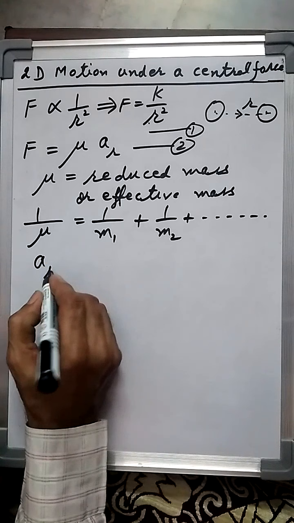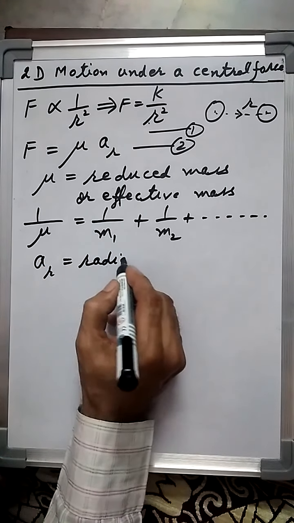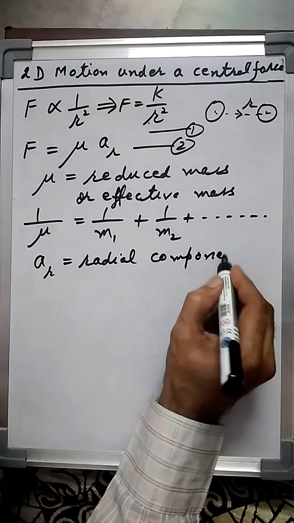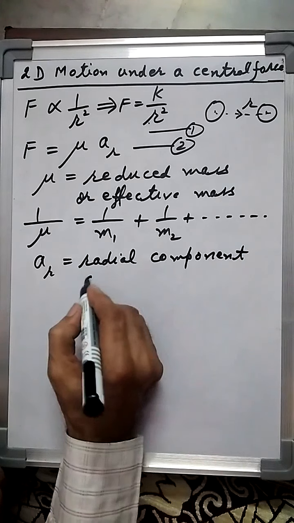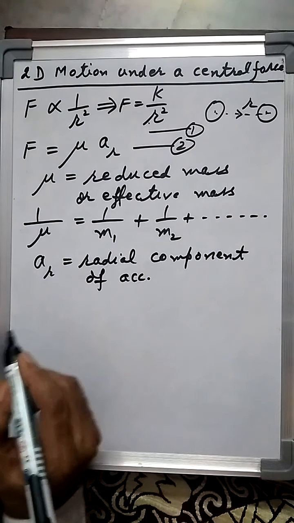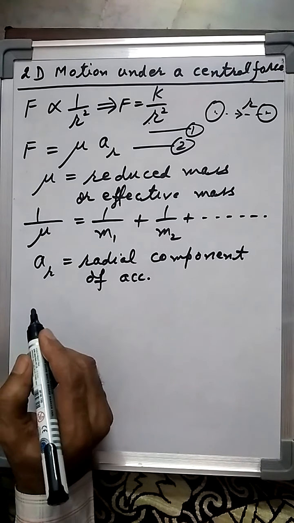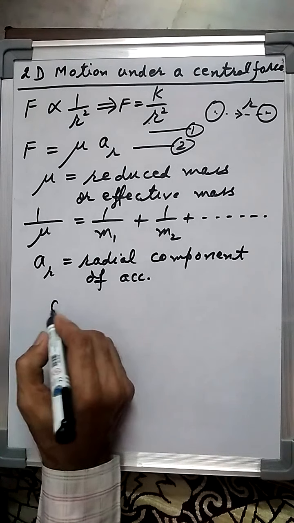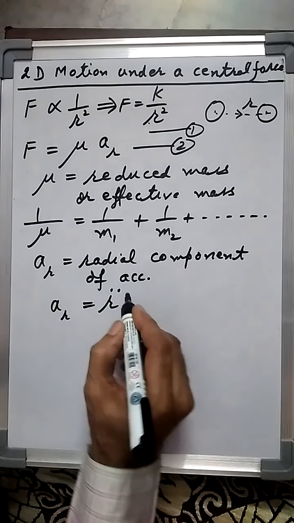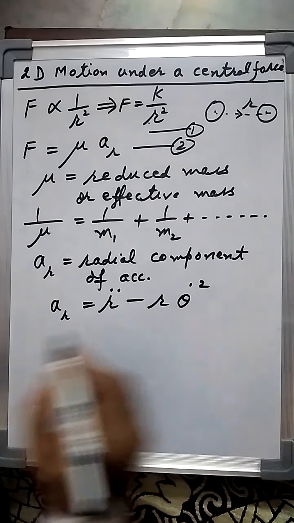And what is a_r? a_r is the radial component of acceleration. And this radial component of acceleration can be written from the two-dimensional polar coordinate system as a_r is equal to r double dot minus r theta dot square.